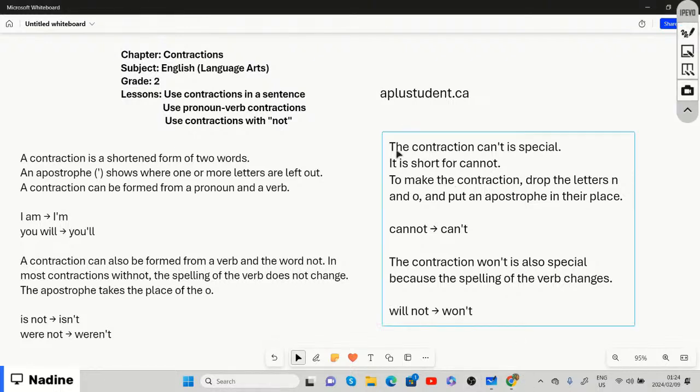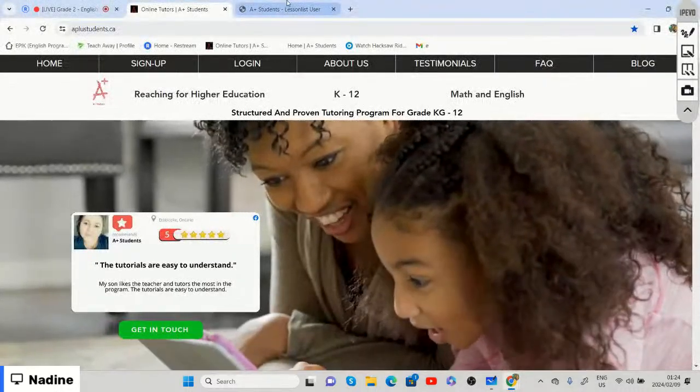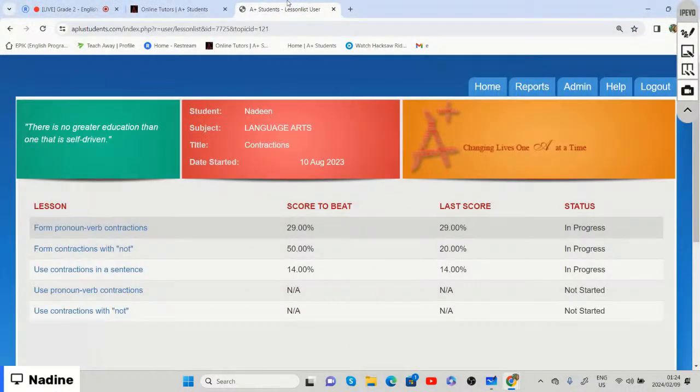So now we are also doing our tutorial lesson on A Plus Students dot ca. Right. So now we're going to A Plus Students dot ca, and we are going to use contractions within a sentence.